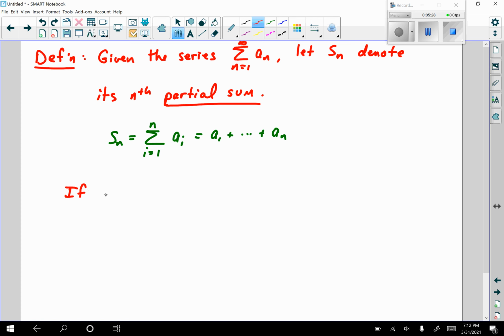Right, so if the sequence, and again, it's important to know when we're talking about a sequence, that's just a comma separated list there.